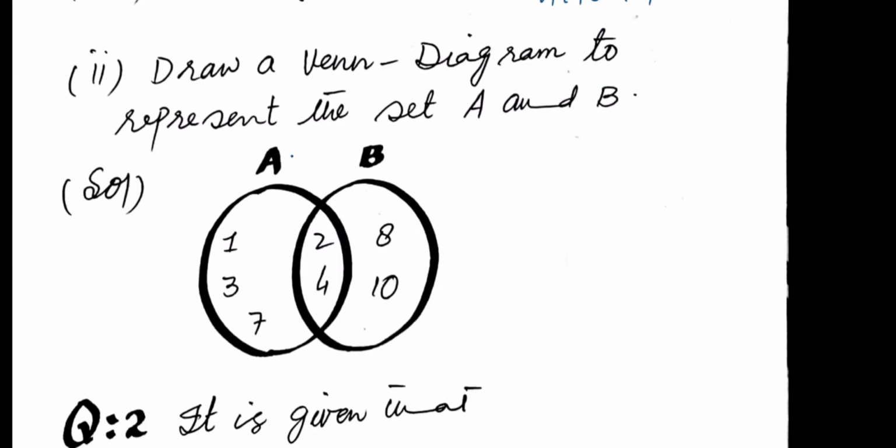So this is my set A, and this is my set B, and this is the common area that represents the elements of A intersection B here, 2, 4. After writing their intersecting elements 2, 4, the remaining elements of set A are 1, 3, 7, and the remaining elements of set B are 8, 10.